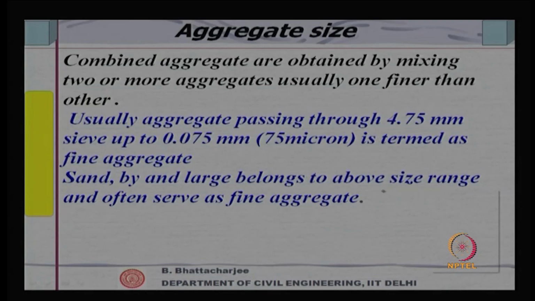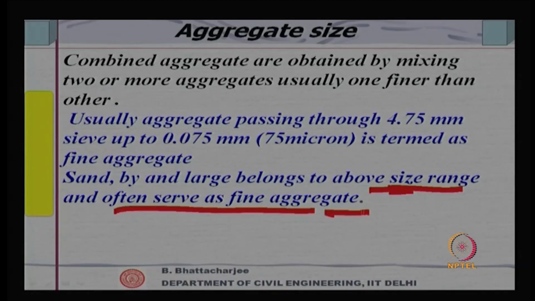Sand by and large belongs to the above size range. You know, normal natural sand that is available belongs to this size, greater than 0.075 millimeter up to 4.75 mm, and it serves as fine aggregate.